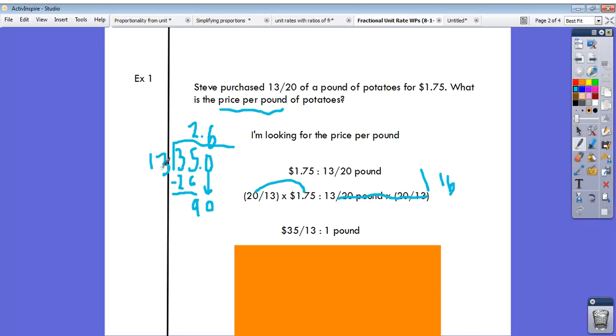And 6 times 13 is 78. 90 minus 78 is 12. I get one more 0. How many times does 13 go into 120? I know the answer is 9.